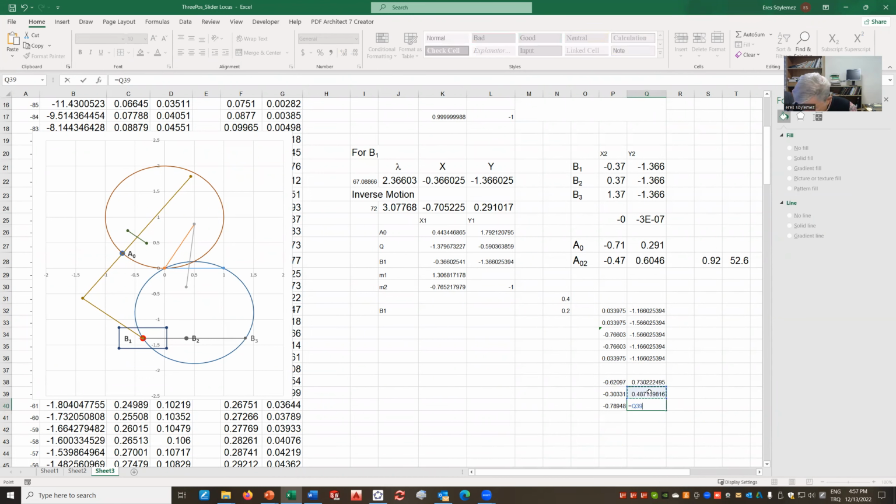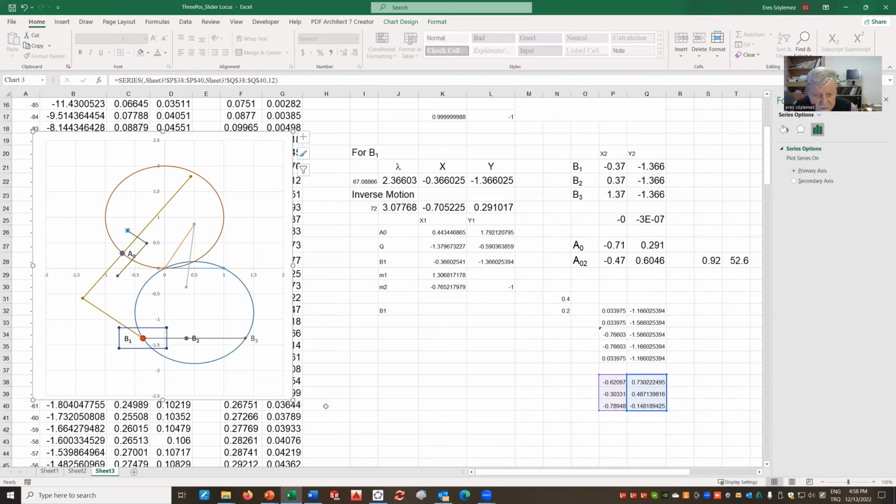This point minus 2 times this length times sine of the angle extended. You see, as I go along, I will extend these points like this. That's correct.